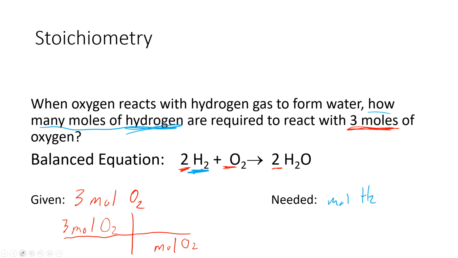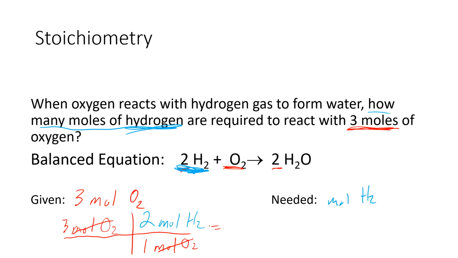And in order to do that, we're going to need the assistance of the balanced equation. So this balanced equation here, 2 moles of hydrogen for every 1 mole, understood that since nothing's written here, that's 1 mole of oxygen. That will allow you to cancel moles of oxygen.